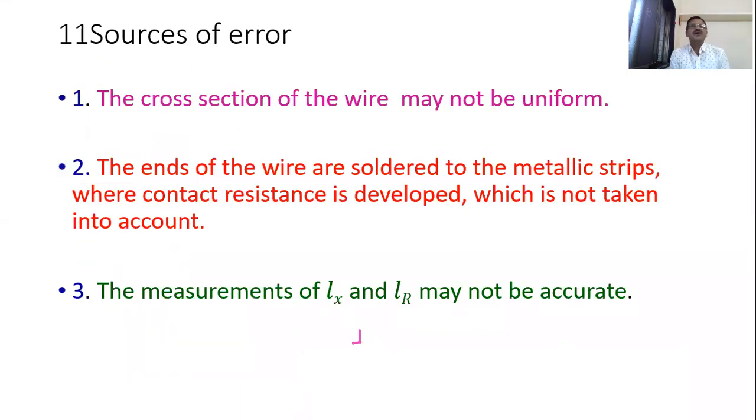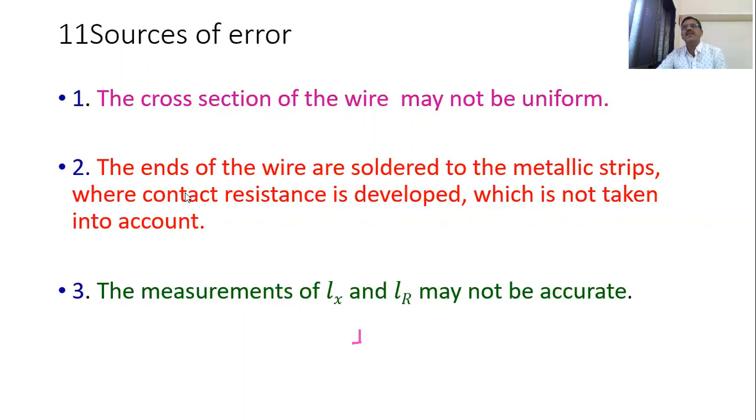Now, the sources of error in this meter bridge are as follows. The cross section of the wire may not be uniform. If the cross section of the wire is not uniform, then there will be error in the measurement of the unknown resistance. Second source: the ends of the wire are soldered to the metallic strips where contact resistance is developed, which is not taken into account.